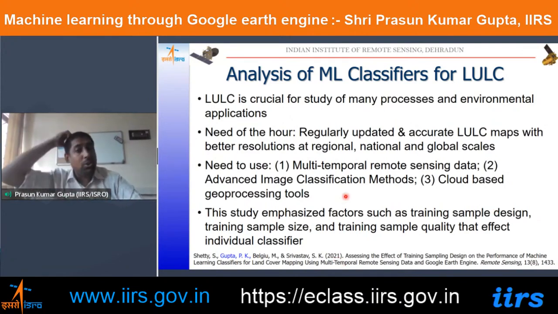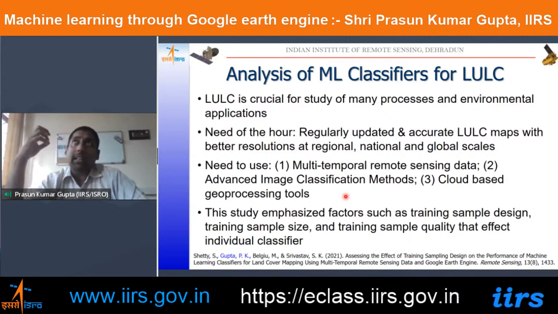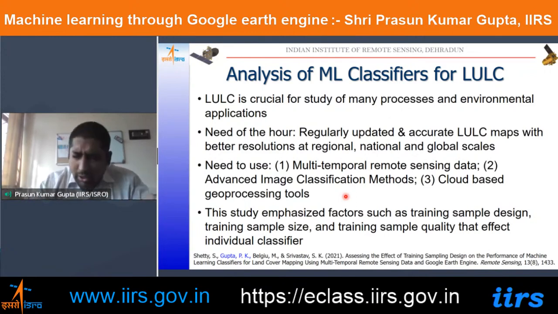We've used all the Earth Engine power, all the multi-temporal remote sensing data, all the inbuilt algorithms, and we've even extended them. We built a new thing called relevant vector machine on Python, from support vector machines.